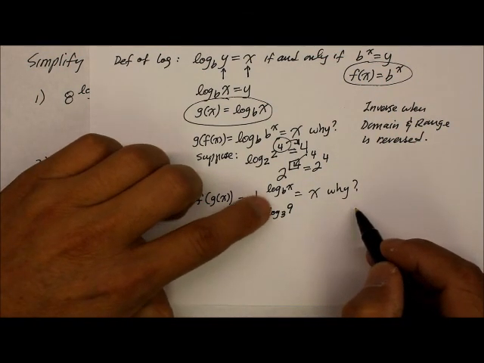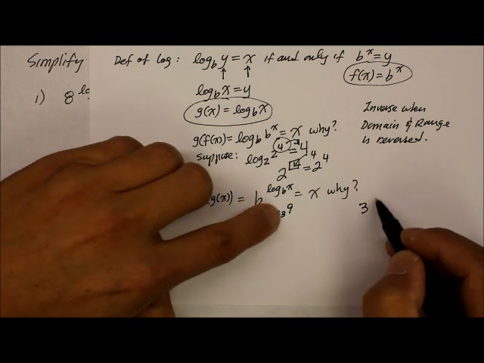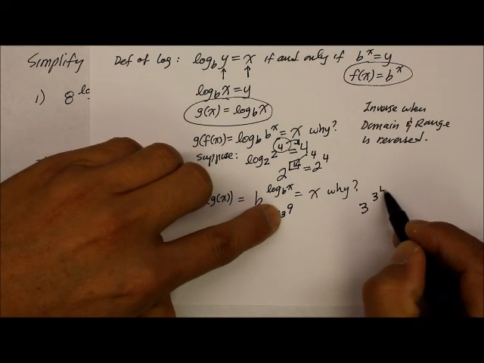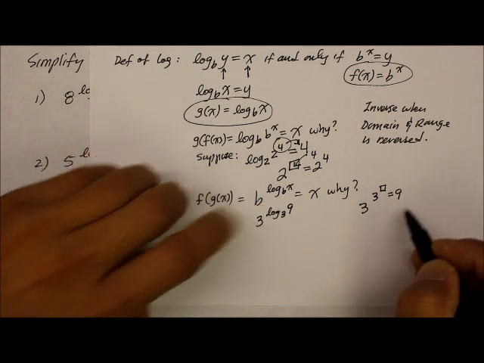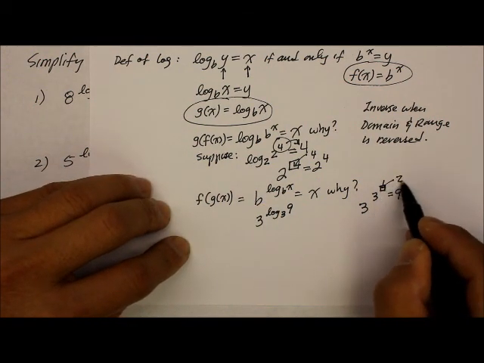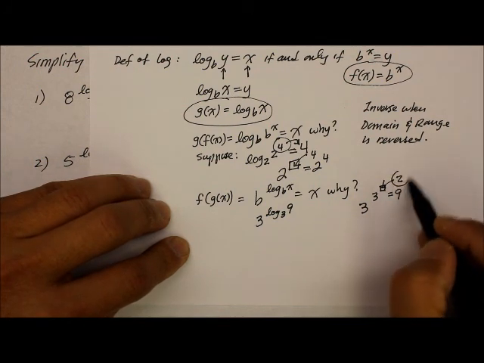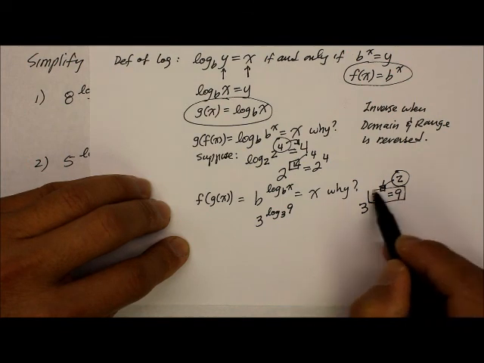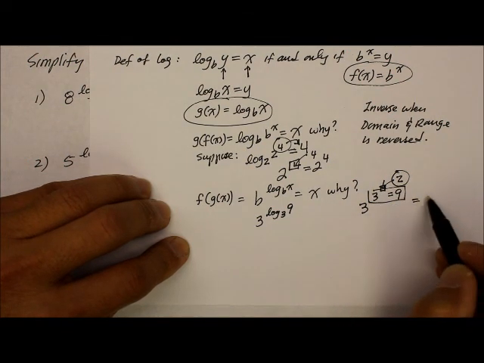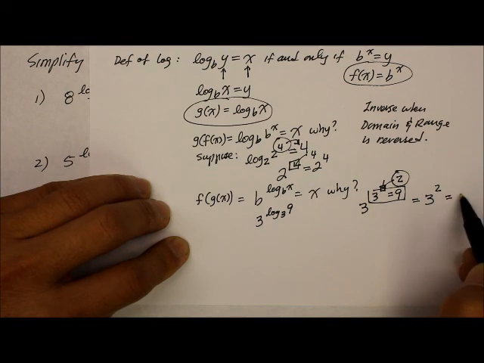Because up here, isn't that like saying 3 raised to the power that 3 must be raised to in order to get 9? Well, we know that it should be squared because 3 squared is 9. So if that's the answer for the exponent, then that will be written as 3 to that answer, which is still 9.